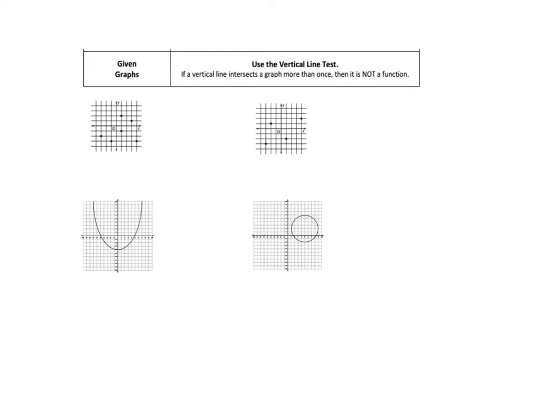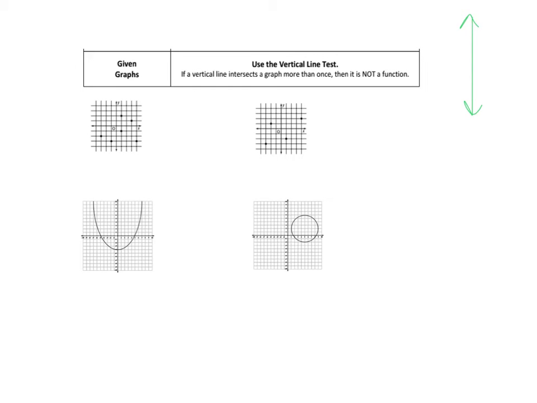Now, the last thing we want to look at is how to tell from a graph. And the way you tell from the graph is you use the vertical line test. The vertical line test says if a vertical line intersects a graph more than once, it is not a function. What does a vertical line look like? The vertical line is up and down, right? So you're going to put a vertical line up and down through the graph.